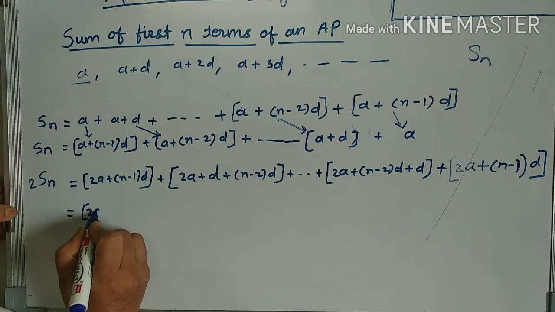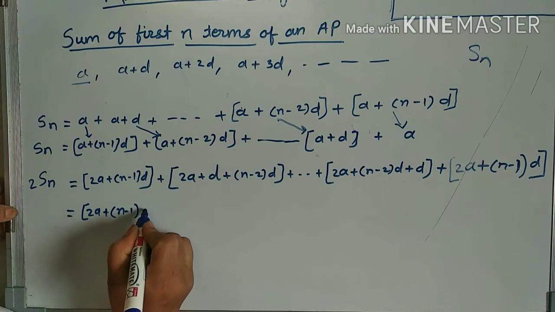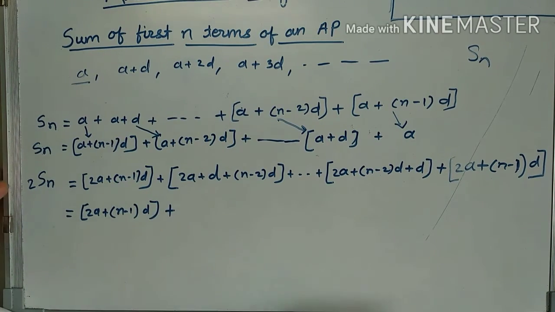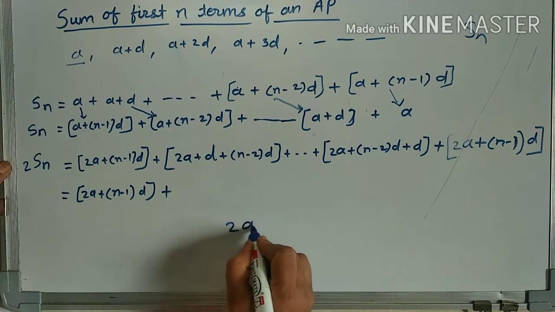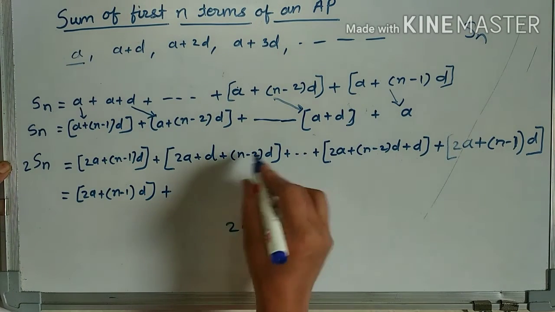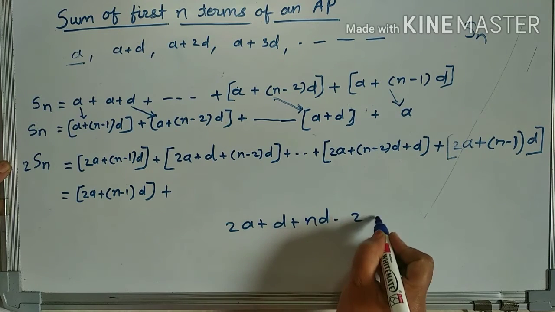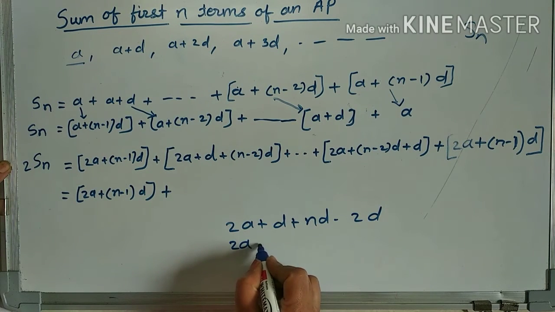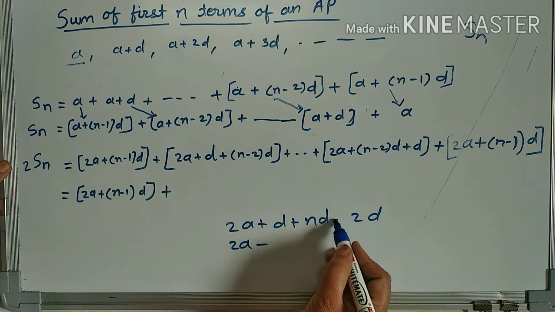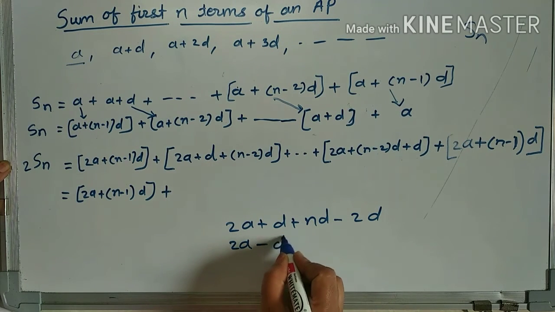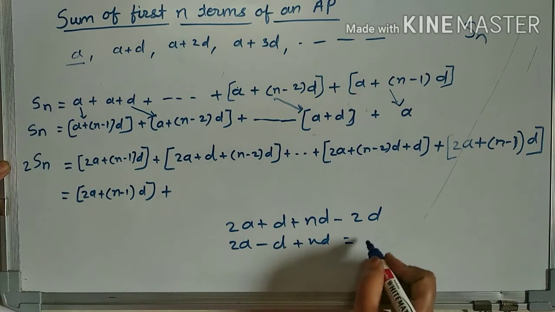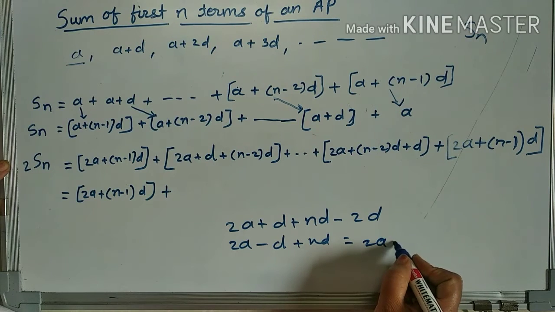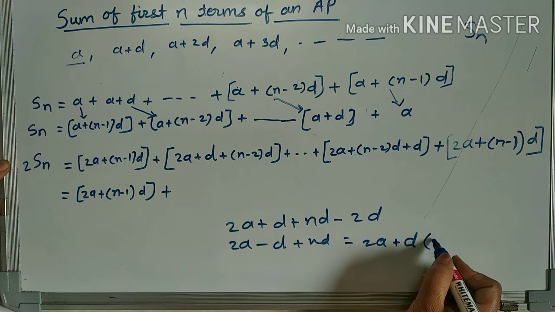Now write 2A plus n minus 1 D. If we solve this, we get 2A plus D plus n into D minus 2D. D minus 2D means minus D plus nD, equals 2A plus D common, n minus 1.